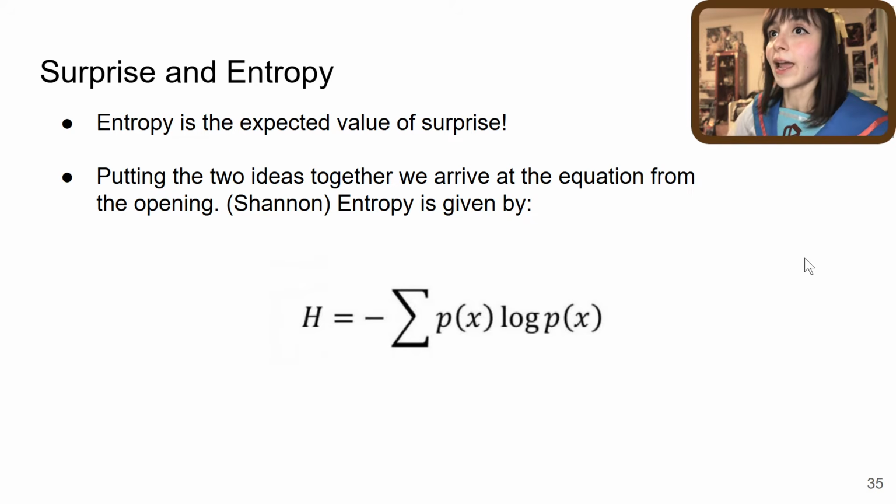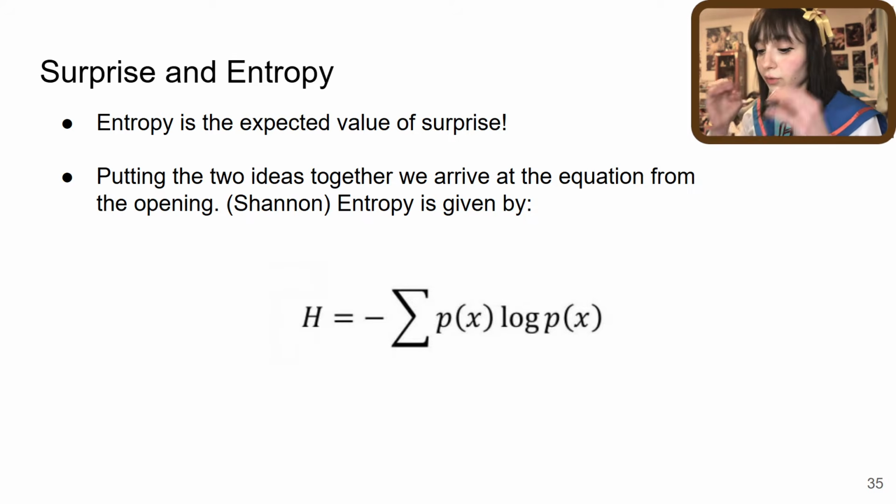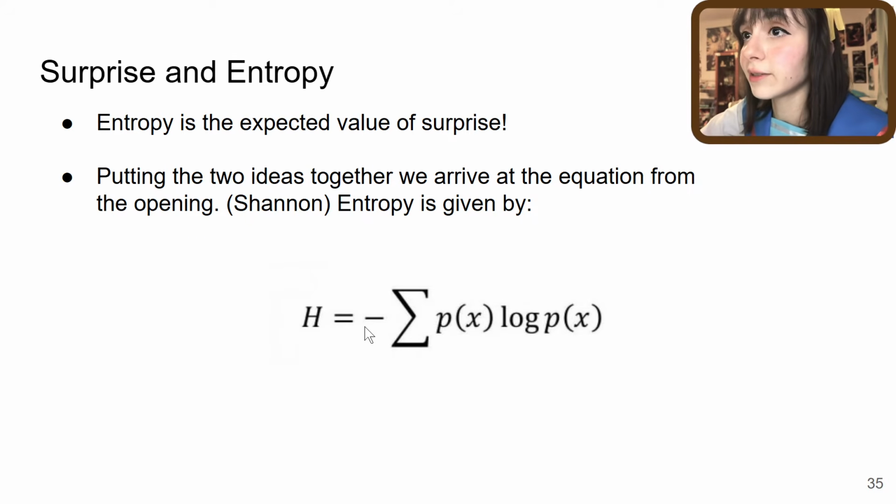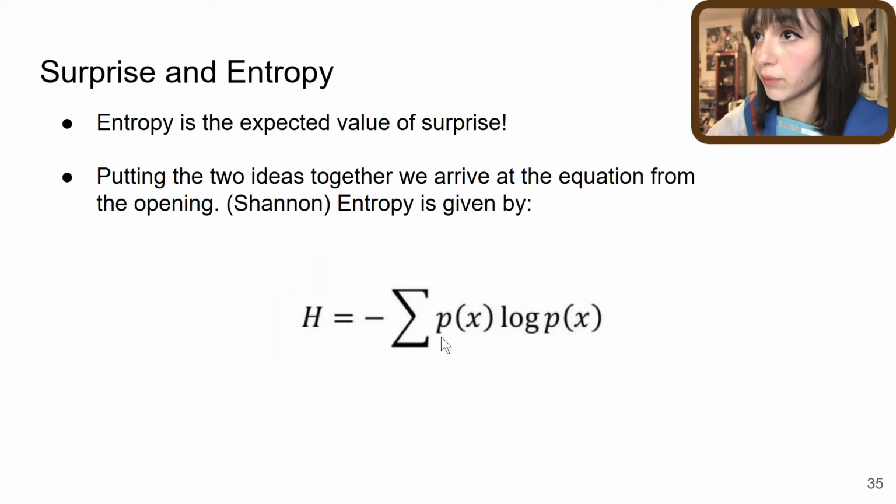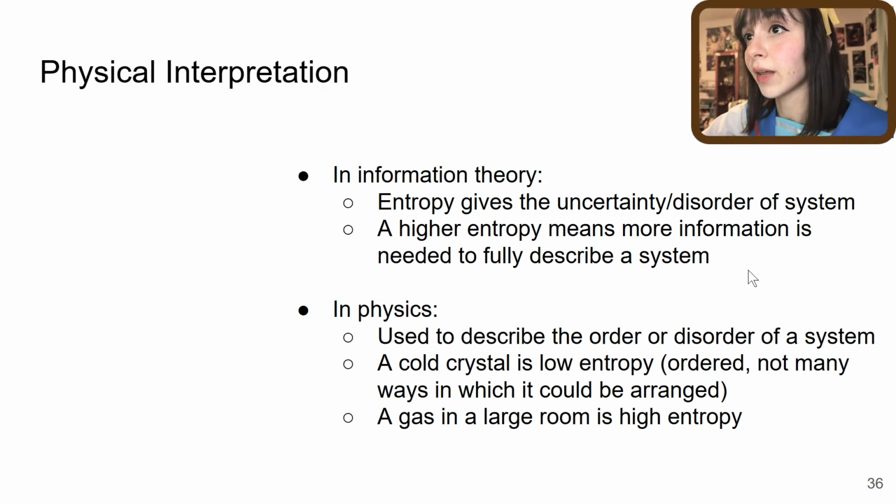So entropy is the expected value of the surprise. So we talked about how we calculate expected values, and the way that we calculate Shannon entropy is by putting these two ideas together. So the formula for the Shannon entropy is given by minus the log of probability times my probability, and I sum that for every particular possibility, right?